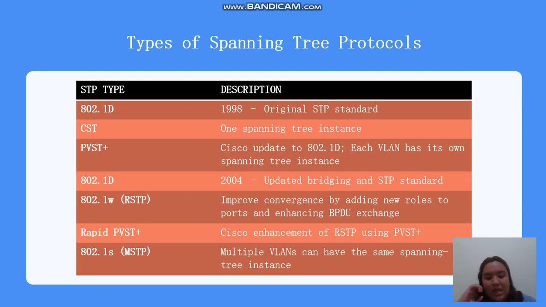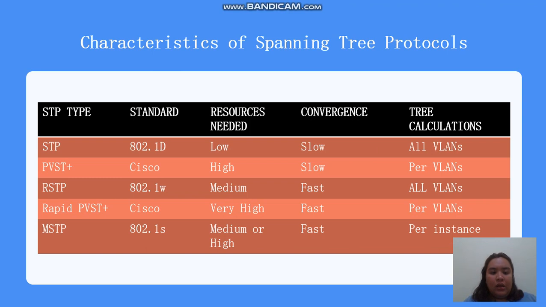Rapid PVST is a Cisco enhancement of RSTP using PVST. 802.1s or MSTP is for multiple VLANs; it can have the same spanning tree instance.